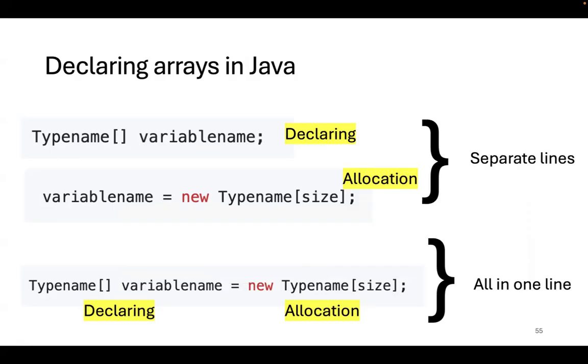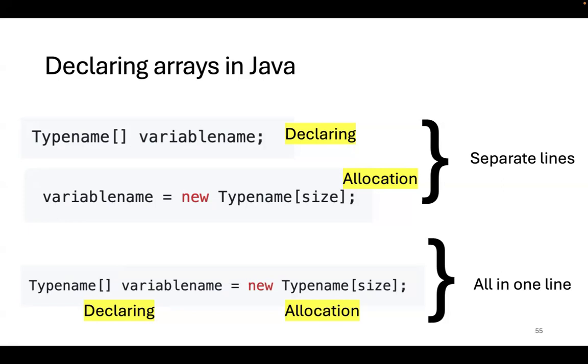So allocating basically means I'm actually setting up all this space in memory. So we can declare and say, I'm going to be an array of ints called ARR or something. Or let's say A. I'm going to be an array called A, and I'm going to hold ints. But there's no actual spot reserved for me yet.